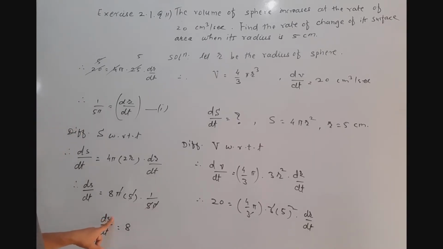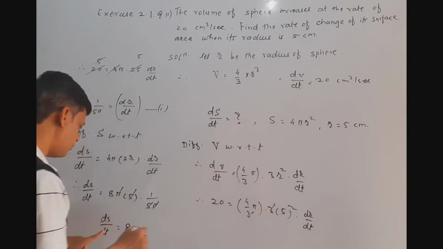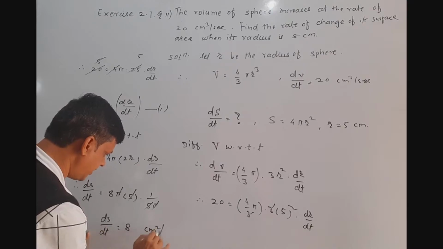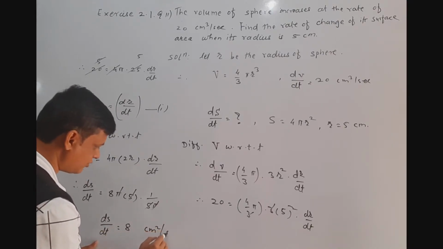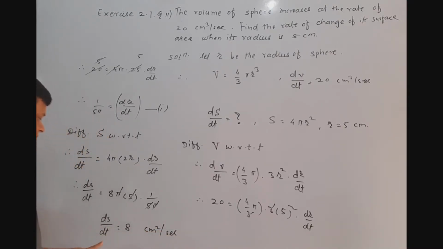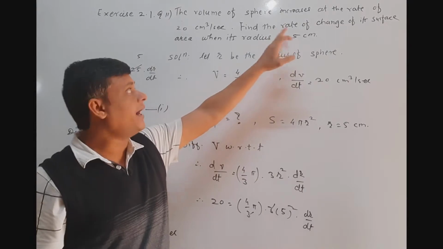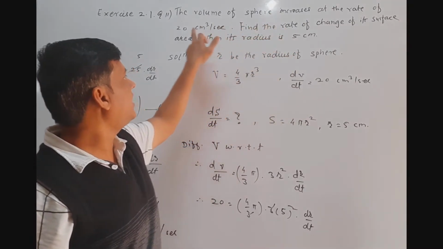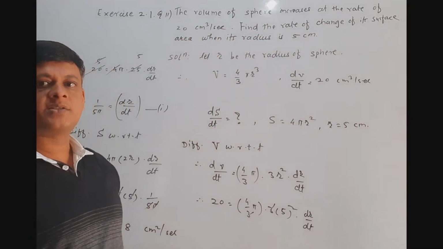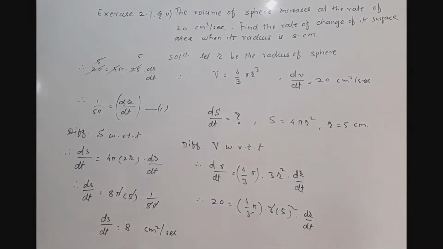Now S is surface area, so its unit we write centimeter square. t is time, so centimeter square per second is the rate of change of surface area when the radius is 5 centimeter and the volume increases at the rate of 20 cubic centimeter per second.